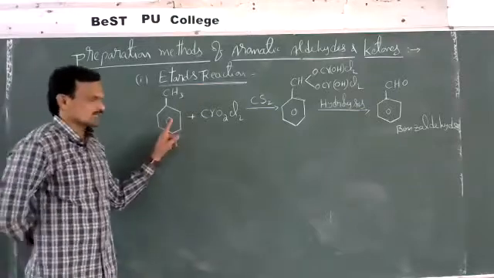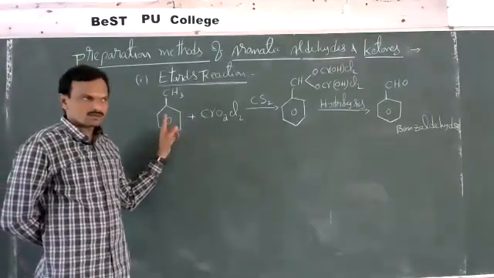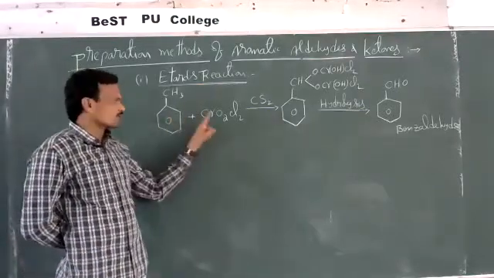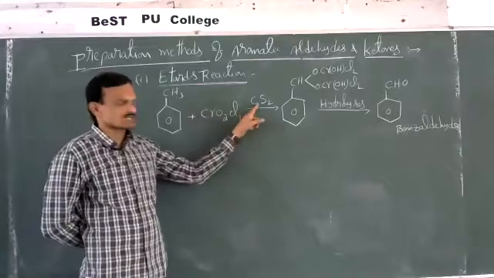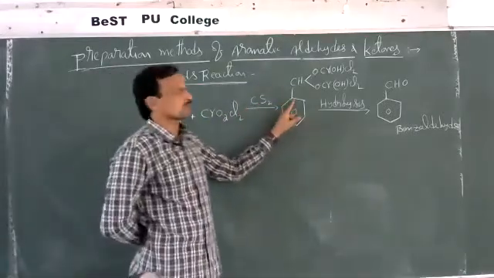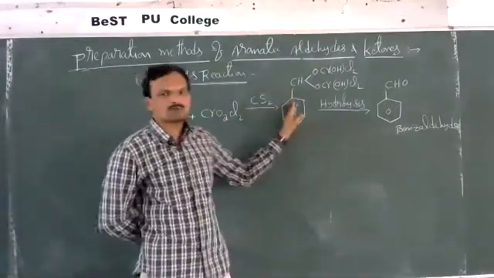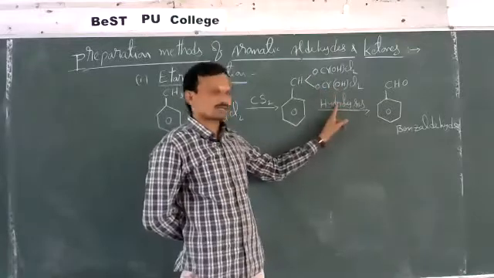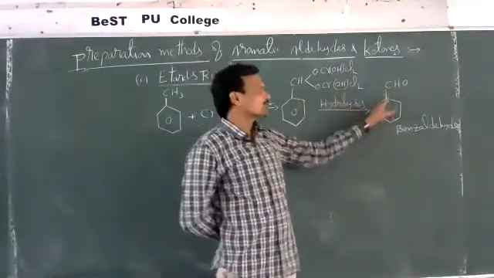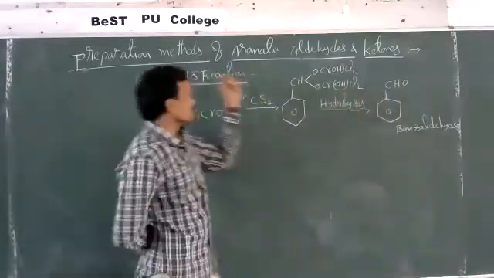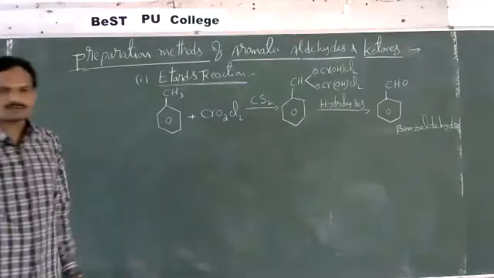So toluene, nothing but methyl benzene, reacts with chromyl chloride in carbon disulfide and forms a chromium complex. And this chromium complex undergoes hydrolysis to give benzaldehyde. This reaction is known as Etard's reaction.